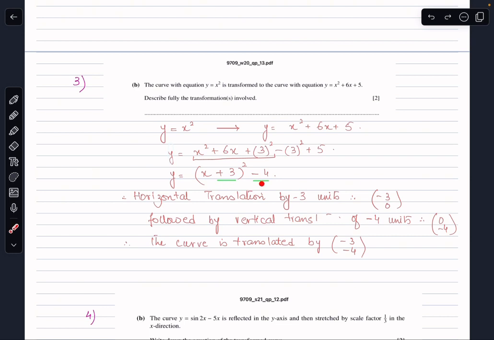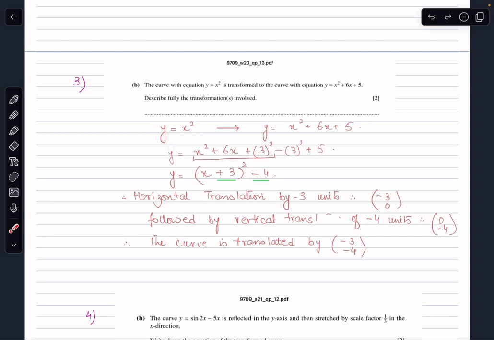So with this transformed equation, what I know is that this function has a horizontal as well as a vertical translation. What is the horizontal translation? Obviously the sign changes, and it's a horizontal translation by negative 3, and then there is a vertical translation by negative 4. So we can write that there is a horizontal translation by -3 units, that is -3, 0, followed by a vertical translation of -4 units, that is 0 and -4.